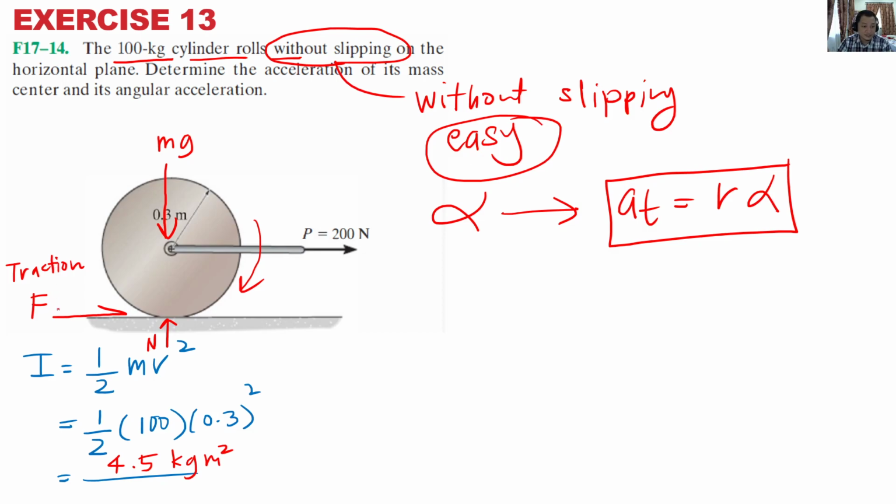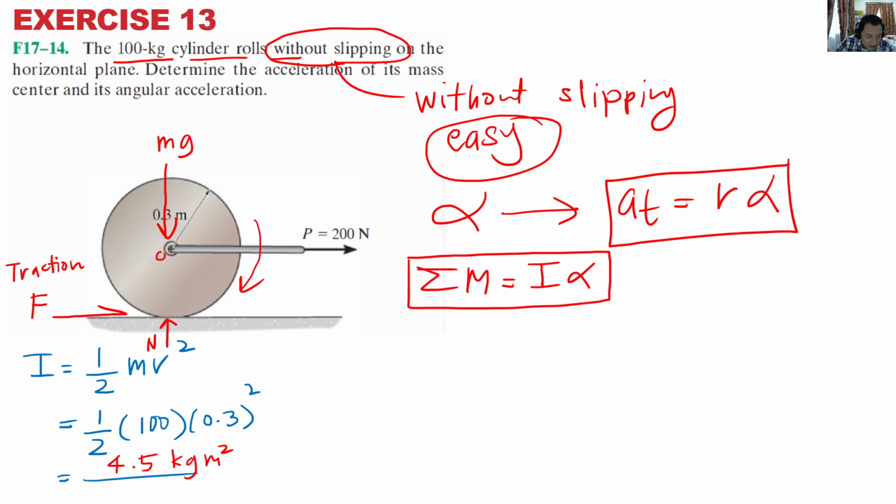So it has traction. How do we solve this? Summation of moment is equal to I alpha. Where should we take the moment? Probably here.